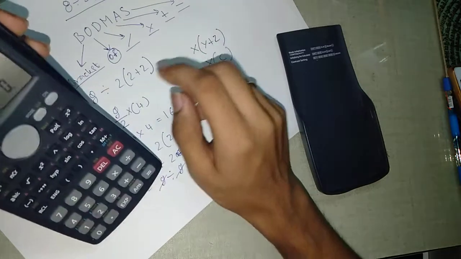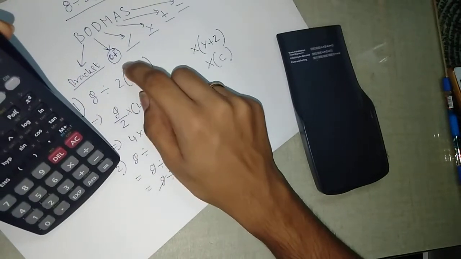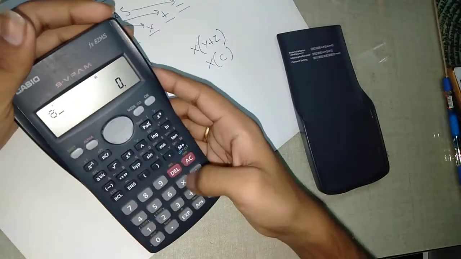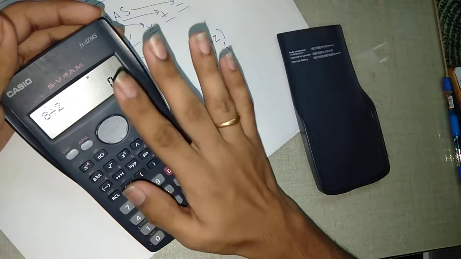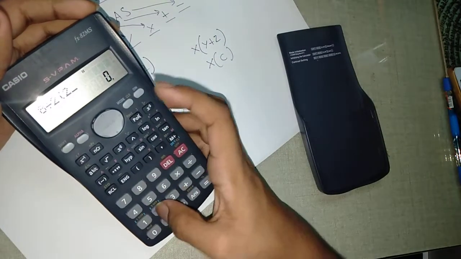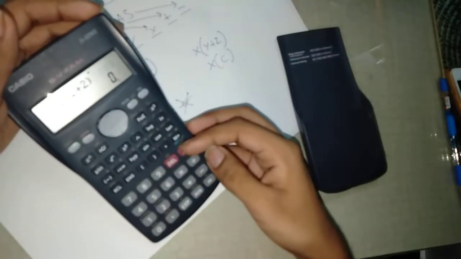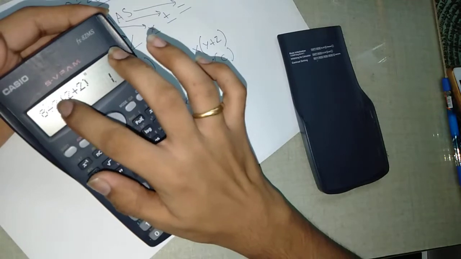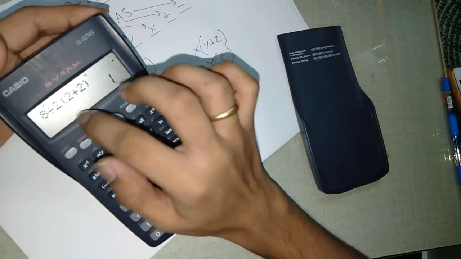Now the actual equation is 8 divided by 2(2 plus 2), so you directly do 8 divided by 2, you don't give any multiplication symbol, you directly press the open bracket, 2 plus 2, then you close the bracket. Now what do you expect, 16? No, the answer will come 1. So the authentic Casio calculator can differentiate between of and multiplication, so they are showing two different results, 16 in case of into and 1 in case of of.